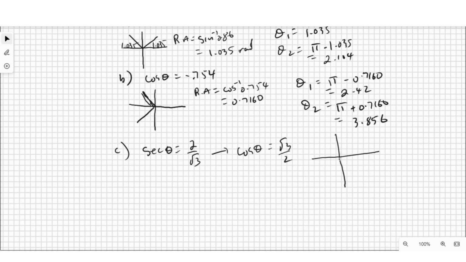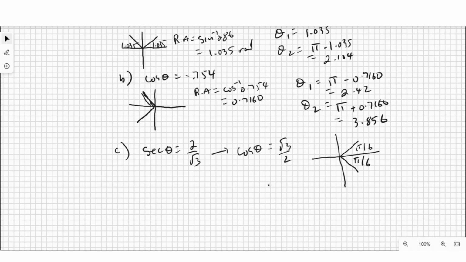And cosine is positive here. So for my acute angle, I say cosine of what angle is root 3 over 2? In degrees, we know cosine of 30 degrees, which is pi over 6.